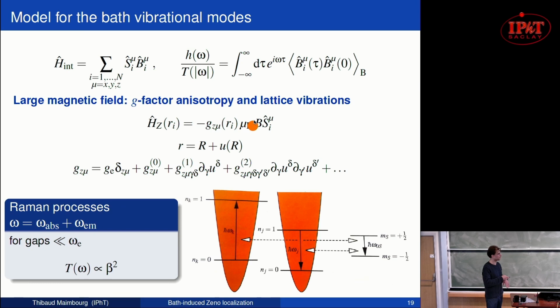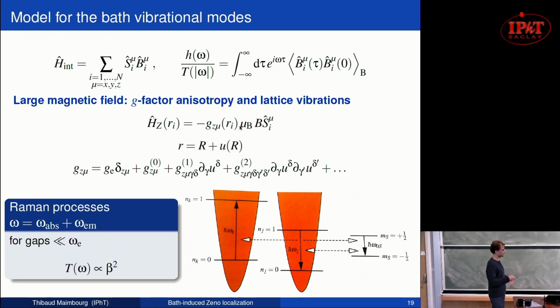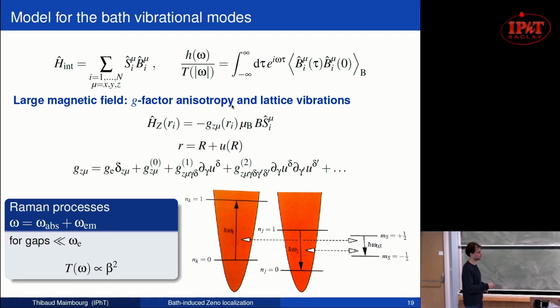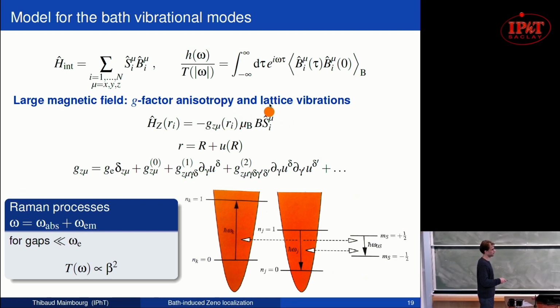You would expect B on Z and S Z, but in an isotropic medium you can have a tensorial G factor. This G factor depends on space, and that's where phonons couple to the spins, and then you can compute everything.